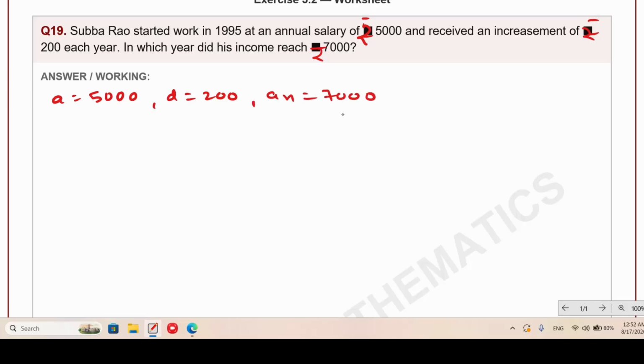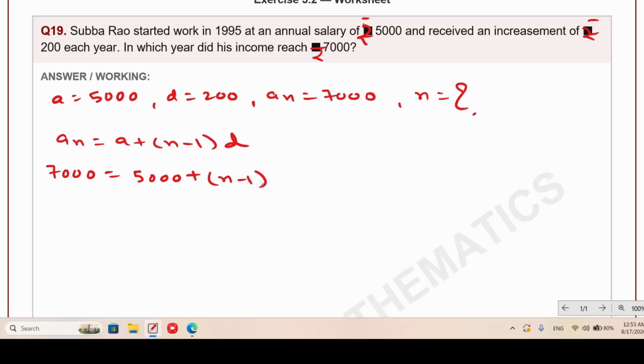अब बताओ कितने साल में 7,000 हुआ. So N is equal to question mark. So again AN is equal to A plus N minus 1 into D. AN is 7,000 equal to 5,000 plus N minus 1 into D, which is 200. So 7,000 minus 5,000 over 200 is equal to N minus 1.